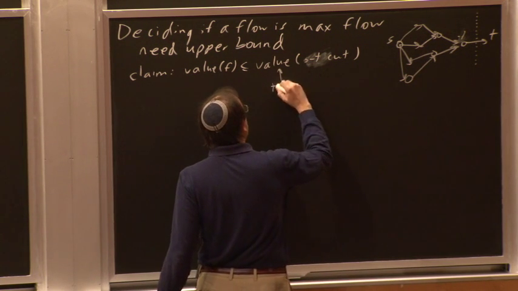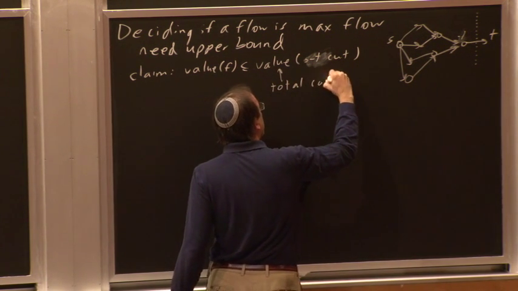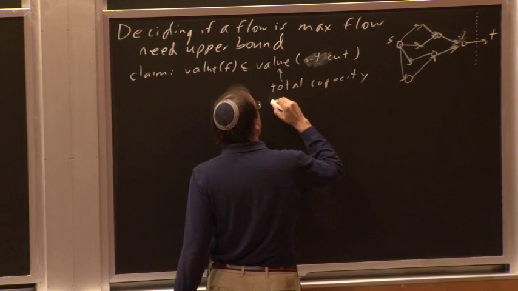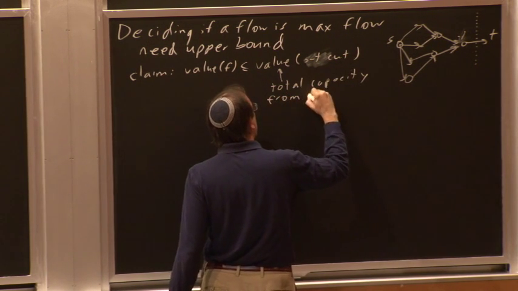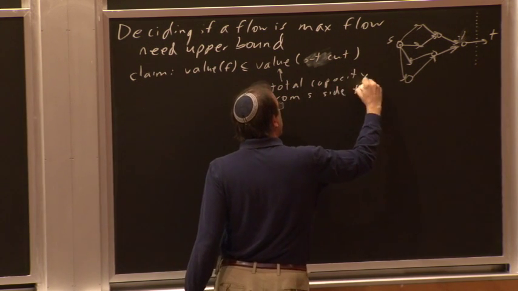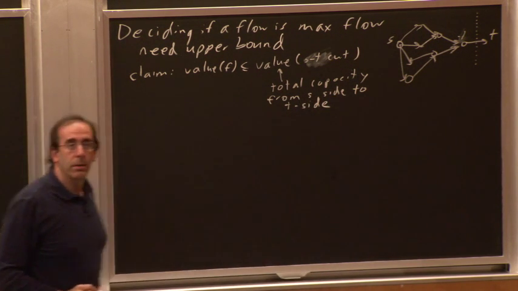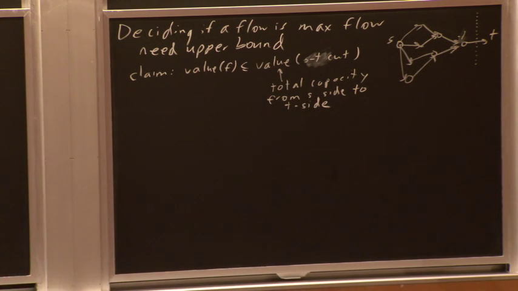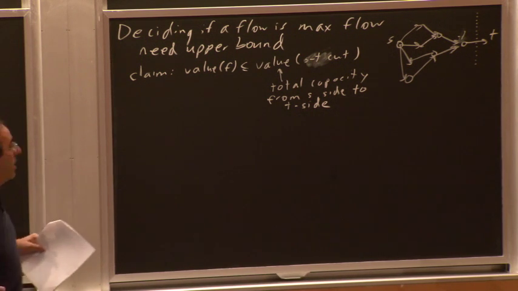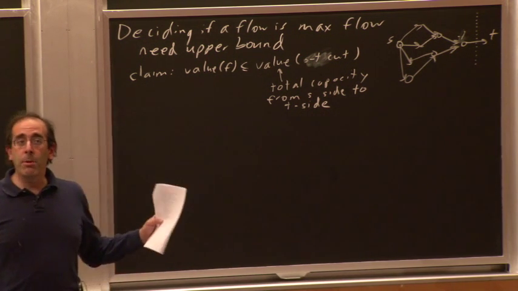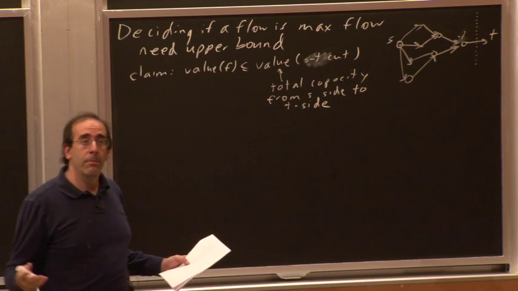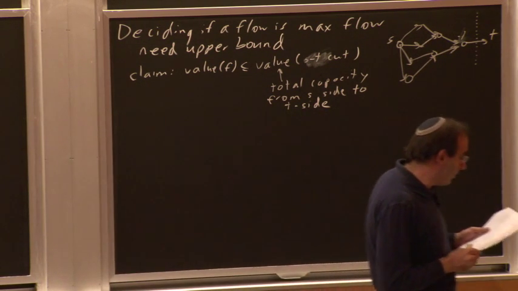So let me say here, total capacity going from the S side to the T side of the cut. Okay, and so if I have a certain amount of capacity going from the S side to the T side on a cut, I claim that upper bounds the maximum flow that I can deliver from S to T.